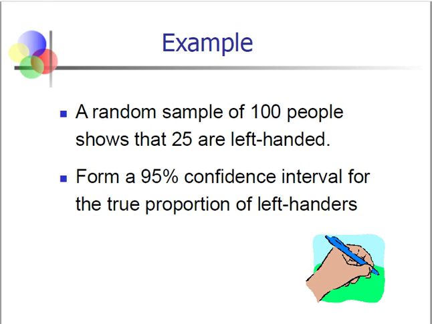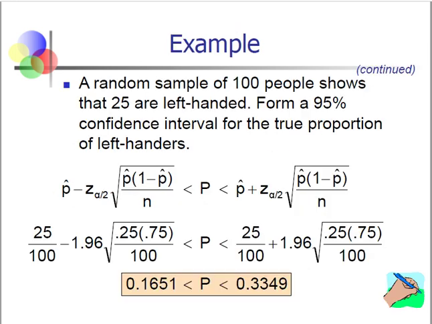Let's have our example. A random sample of 100 people shows that 25 are left-handed. Form a 95% confidence interval for the true proportion of left-handers. So we have that our n is 100 and our proportion is just 25 over 100, which is 0.25.